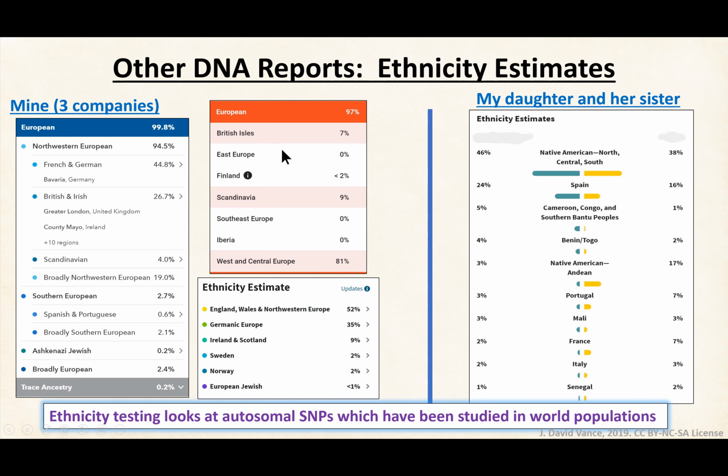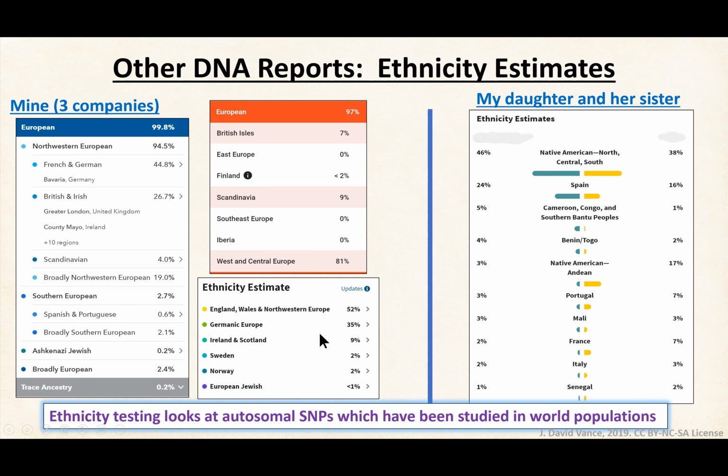If I test with a different company, instead of 26.7% the British Isles, basically, I get only 7% here. I get 97% European, but most of it falls into a broad category called West and Central Europe. I suppose that might equate to French and German, perhaps, but the rest of these percentages are lost.